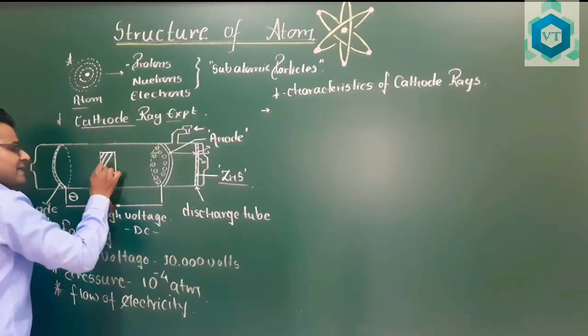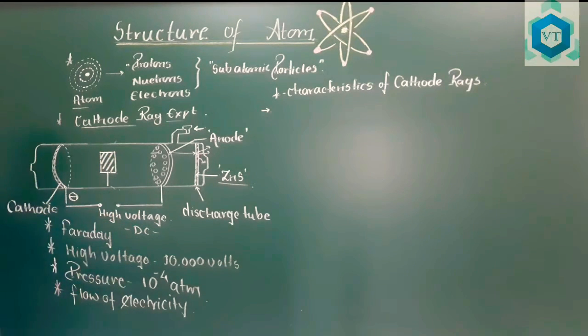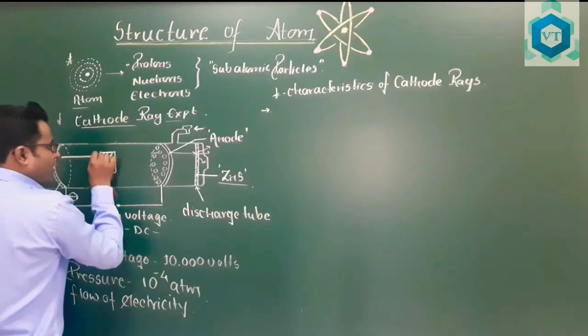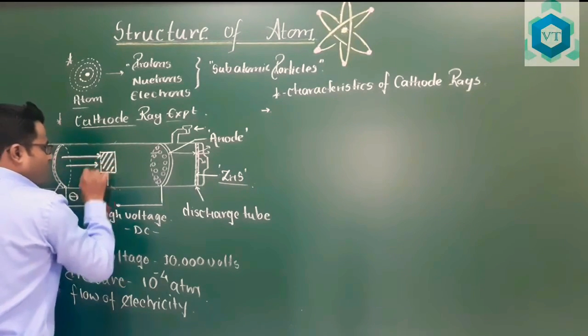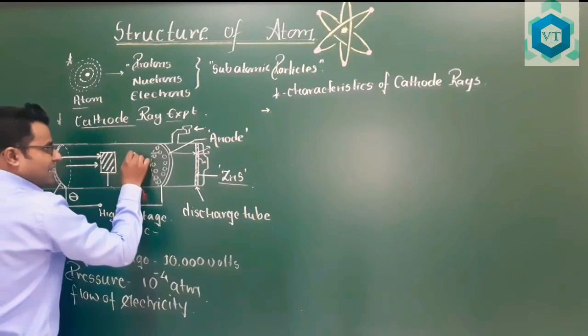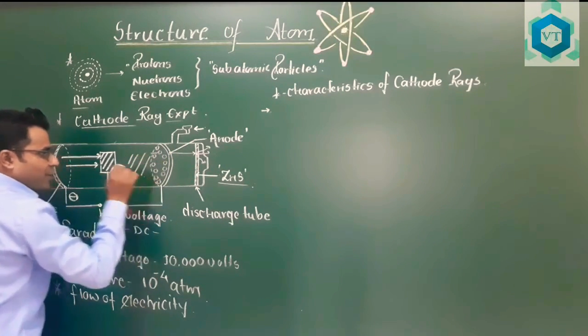Let's say there is a sheet of metal that has been kept over here. Now he says that as these rays were falling on the sheet, there was a certain conclusion to be seen. That is, it provided a shadow.